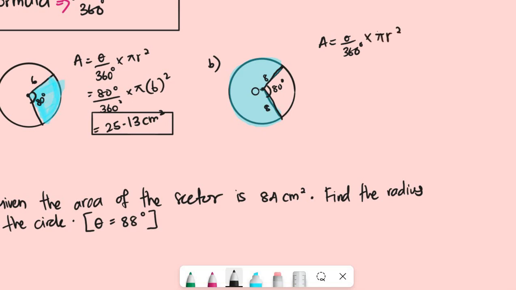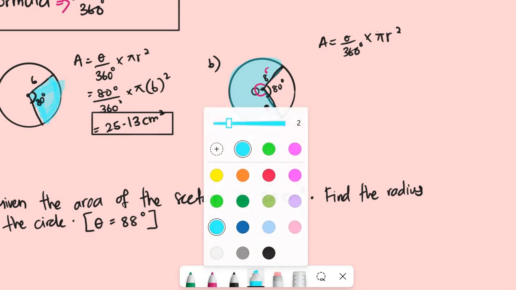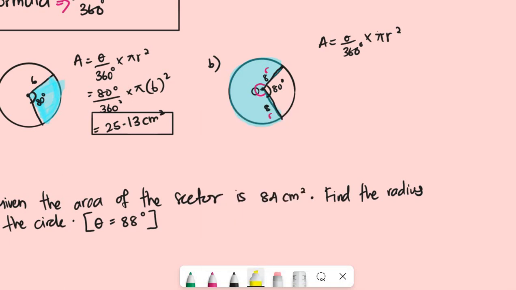But the problem is that, yes, I have the radius for this. The radius is 8. All right. But what I do not have is the theta for the shaded part, the theta of the major sector. All I have in here is the theta of this minor sector. All right. But I want to find the major one, the one that is shaded in turquoise here.